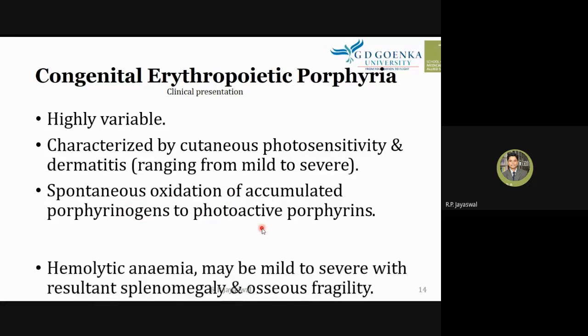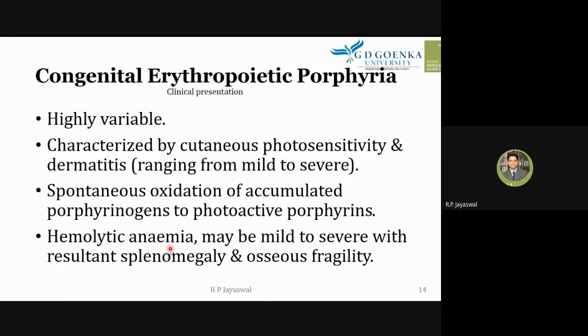Okay, and there is a hemolytic anemia. What is hemolytic anemia? This is the anemia where red blood cells are lysed. This hemolytic anemia may be mild or severe with the resultant splenomegaly or osseous fragility.